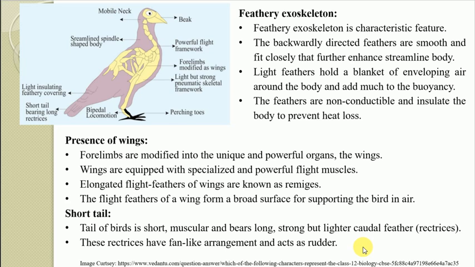This rudder, the fan-like rectrices, acts as a rudder for steering in the air during the flight. That helps in counterbalancing during perching also. So this is another adaptation of the tail that helps the birds during the flight.